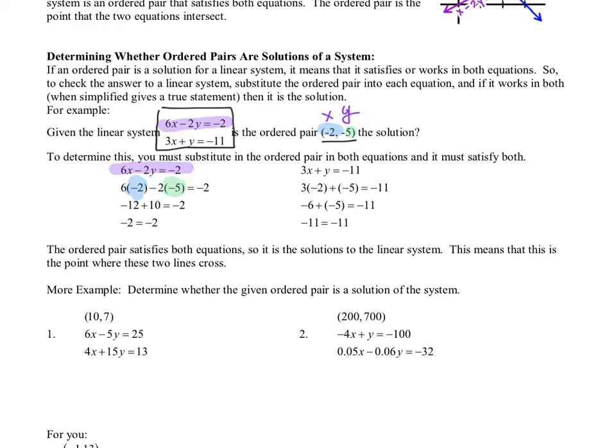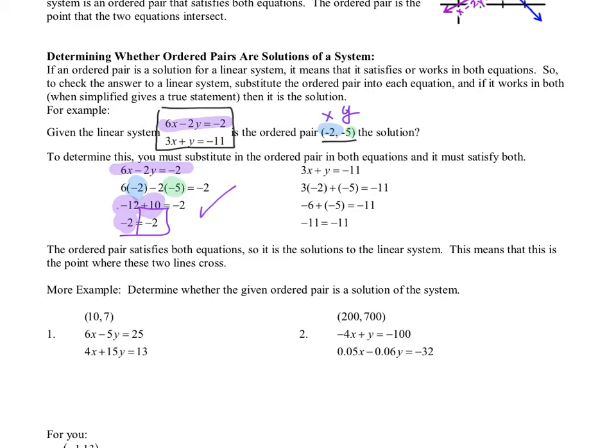So to simplify, I multiply 6 times -2, and that gives me -12. And then I multiply -2 times -5, and that gives me a +10. When I add -12 and +10, I get -2. Well, you know what? Look, that is what it says it's supposed to be, -2. So yes, check. It works there.